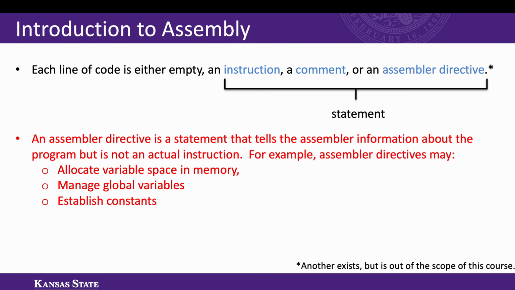It's a statement that tells the assembler information about the program, but is not an actual instruction. So for example, they may allocate variable space in memory, they might manage global variables, or they may establish constants. Linkers use these directives to link together multiple files and combine them into one project.